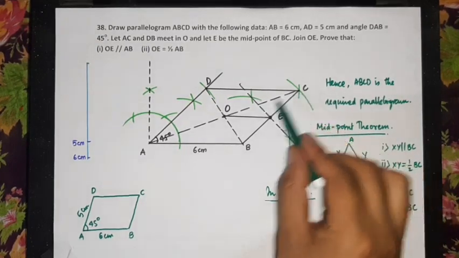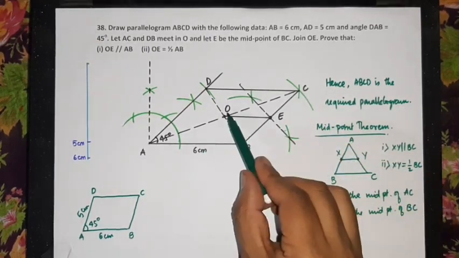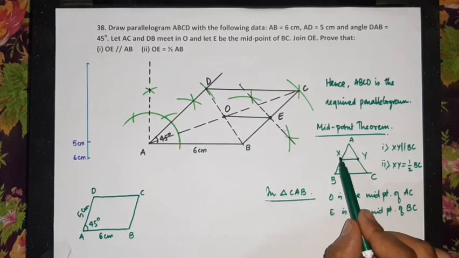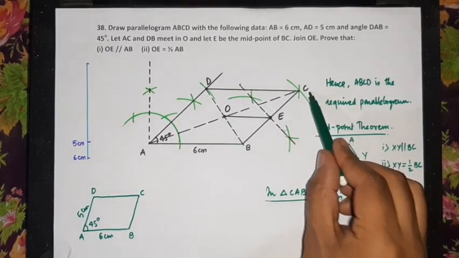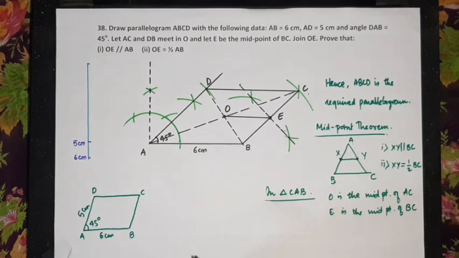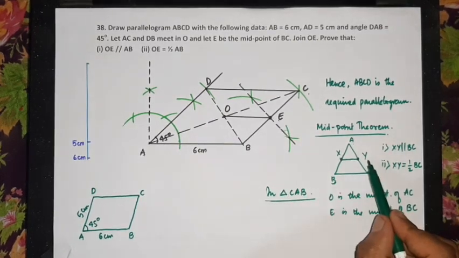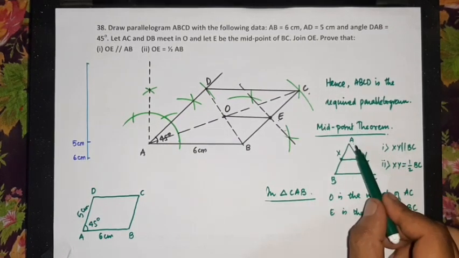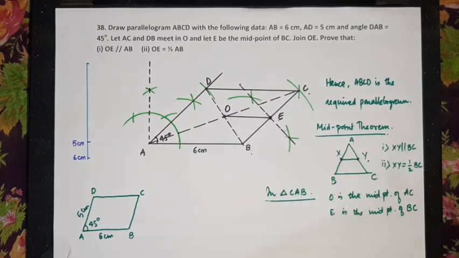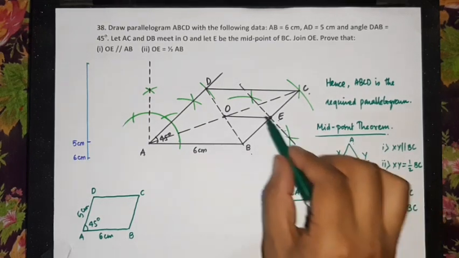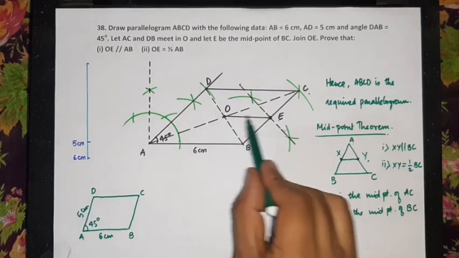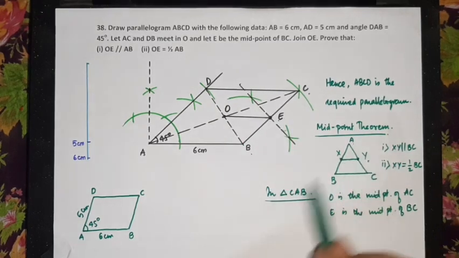So let us compare this triangle and this triangle. This O is like X for me. This A and C are the same, this B and A are the same. This E is like Y, this C is like A, as I said, and B is like C. Now if I compare these two triangles, O and E are both midpoints like X and Y.